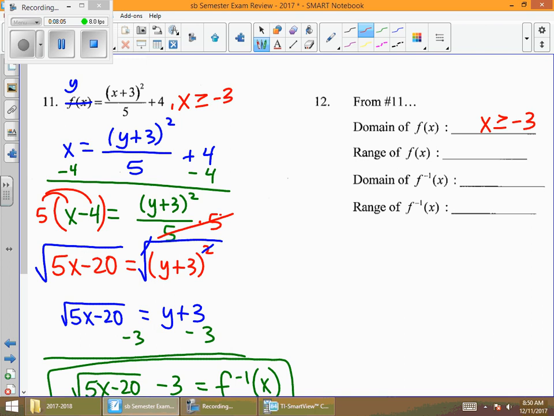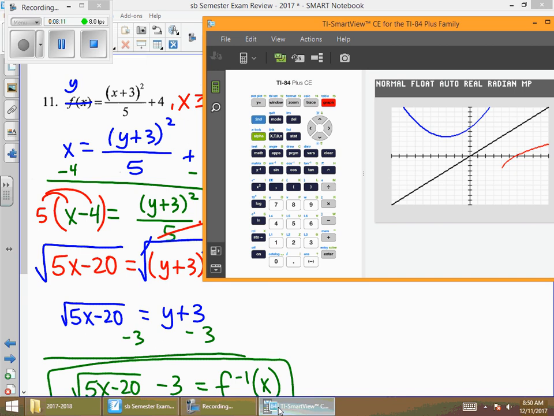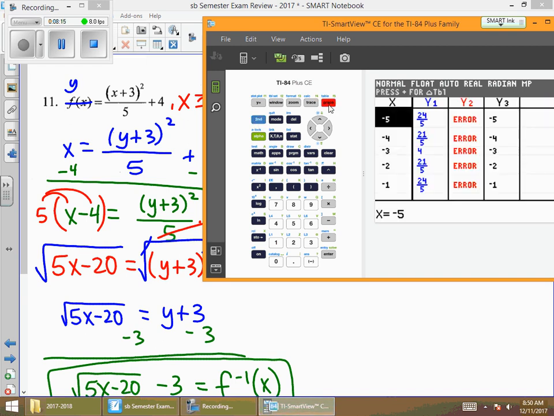Which means the range of our inverse is going to be everything greater than or equal to -3 down here as well. And if you double check that point on the red graph, it's starting at 4, I believe. Yep. So at 4, -3, that's where that graph is starting.